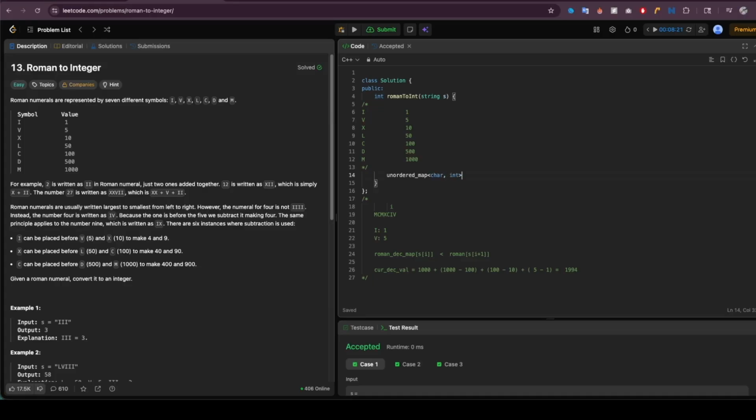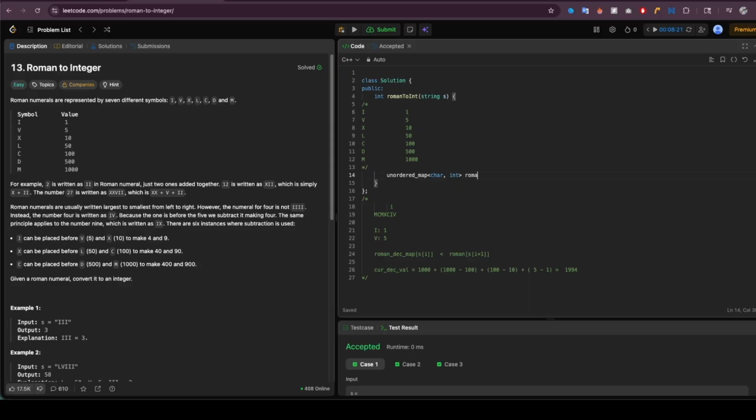But in C++, actually, you can just use integer for the key as well. It maps the character to the ASCII table value of the character, which means that we can use integer instead of character.